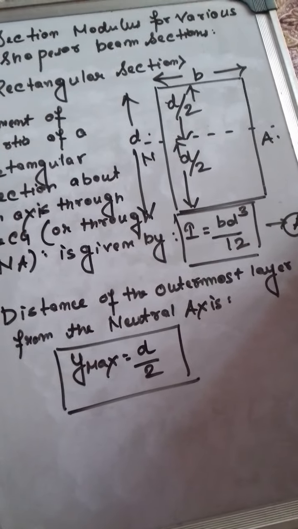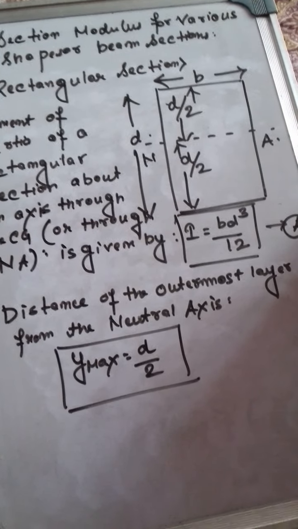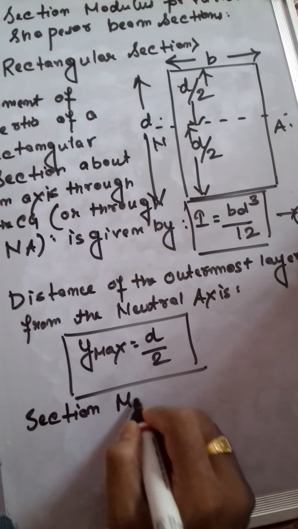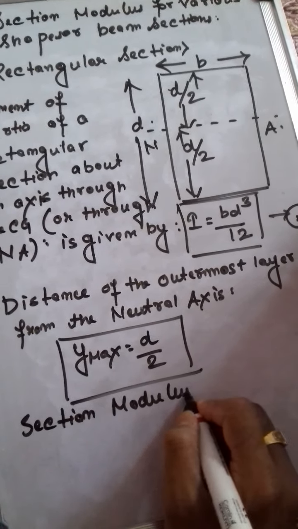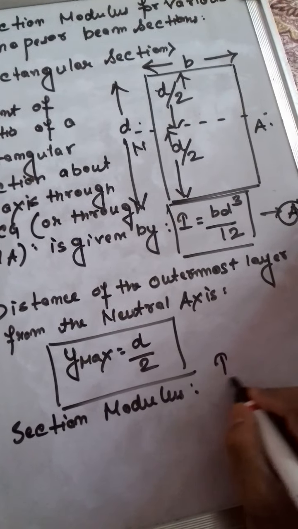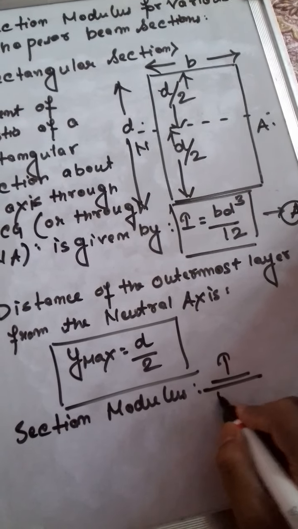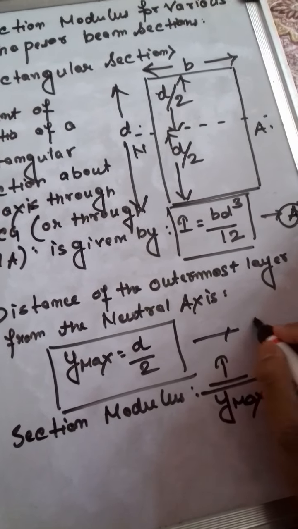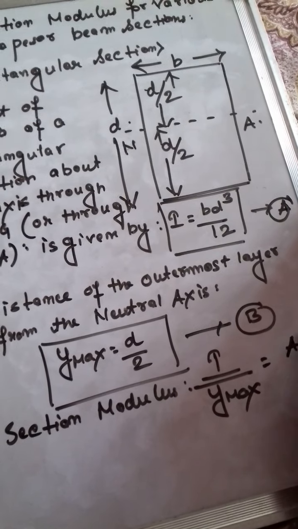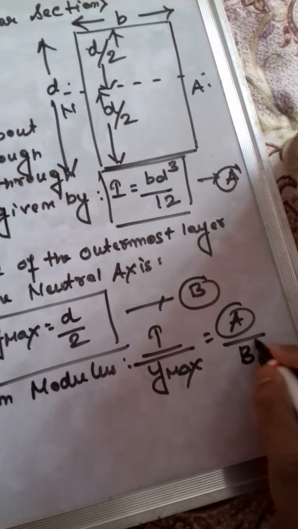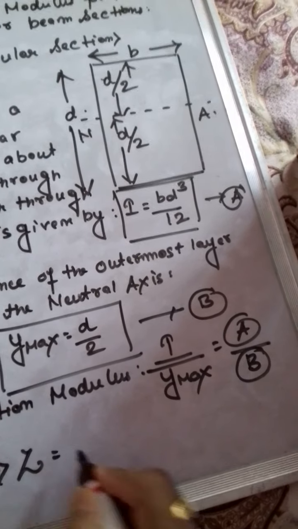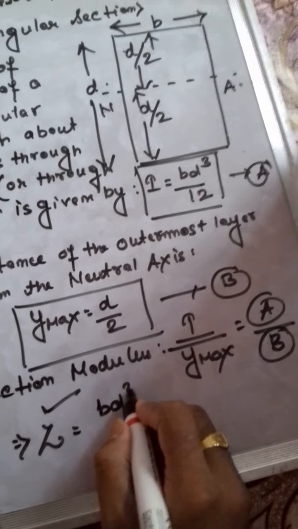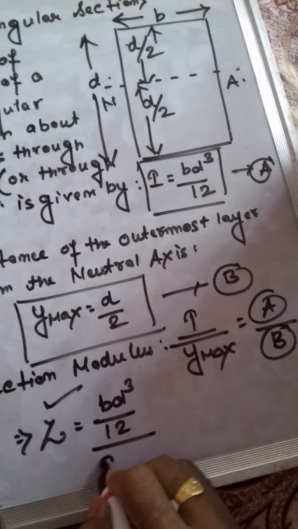So we know that section modulus is the ratio of the moment of inertia divided by the distance of the outermost layer from the neutral axis. If you substitute A by B, you get the section modulus, denoted by Z, equal to bd cube divided by 12 divided by d by 2.